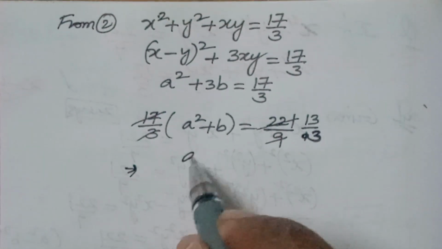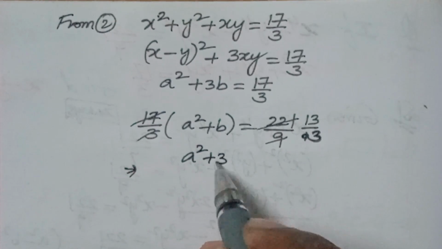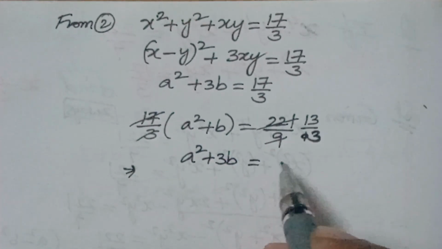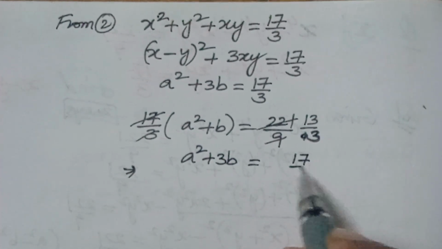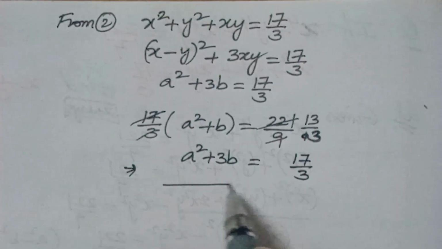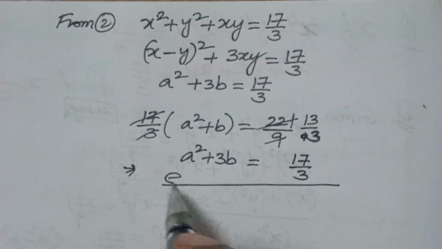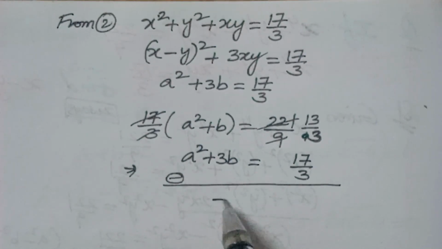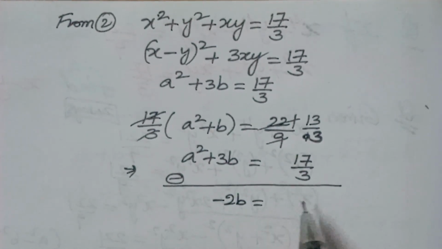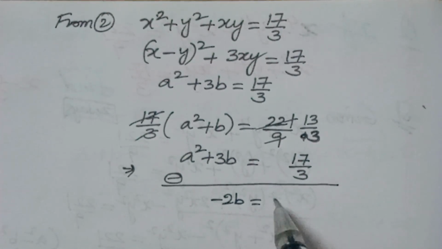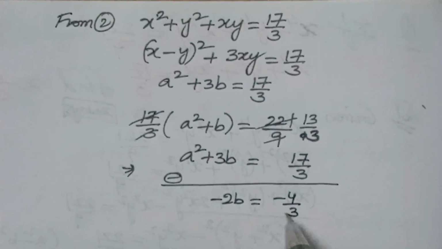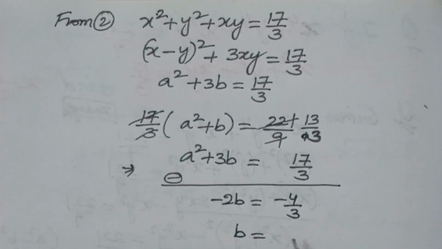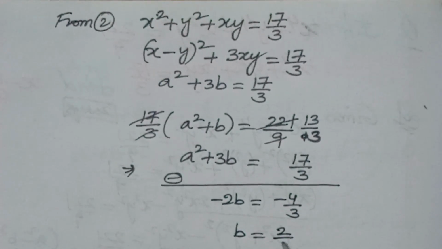Now a square plus 3b is equal to 17 by 3, and a square plus b is equal to 13 by 3. Now if you subtract these two, a square gets cancelled, and 2b is equal to 4 by 3, so b is equal to 2 by 3.